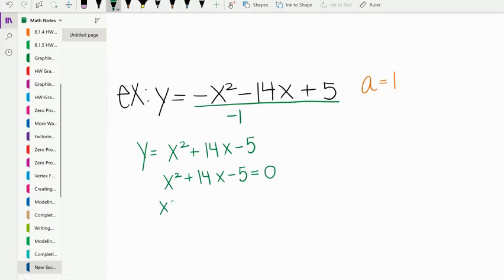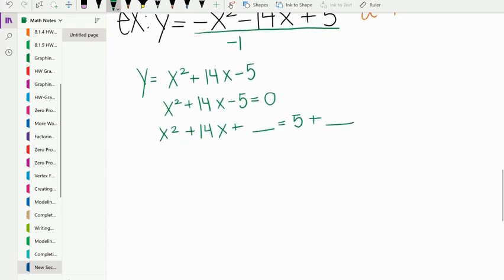All right, then the same thing, x squared plus 14x minus 5 equals 0. Then we're going to do x squared plus 14x plus blank equals 5 plus blank. To get that blank, you do the middle term, 14, divide by 2. We get 7. I'm going to circle that, and then square it. So we get 49 and 49.